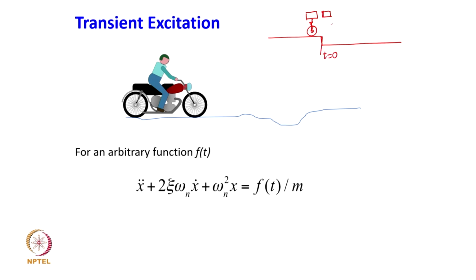Okay. So, in this particular example, the initial displacement of the mass happened at exactly t is equal to 0, or at an instant of time from which the vibration response is to be obtained.